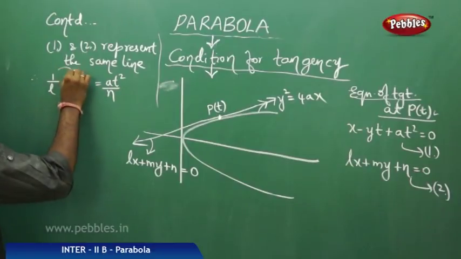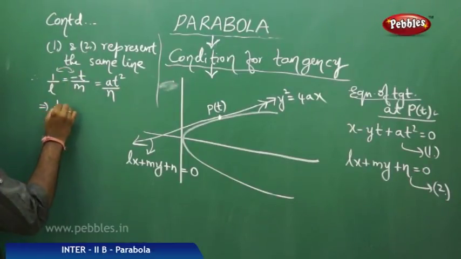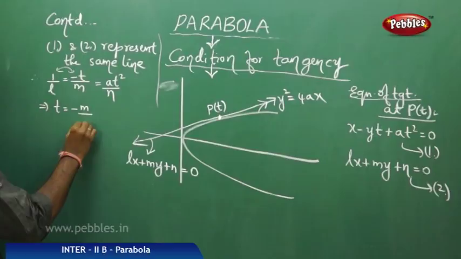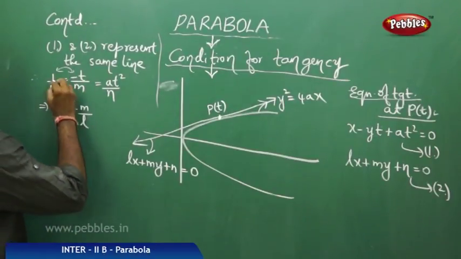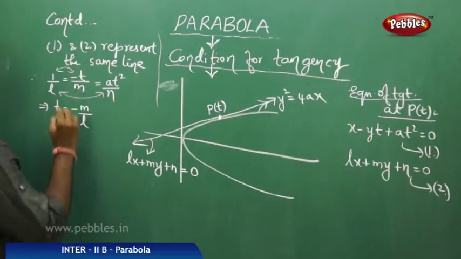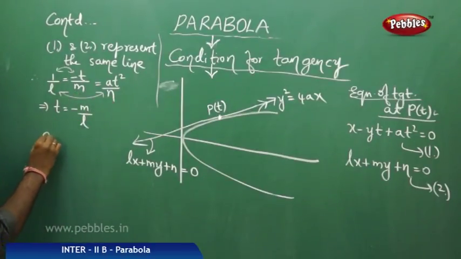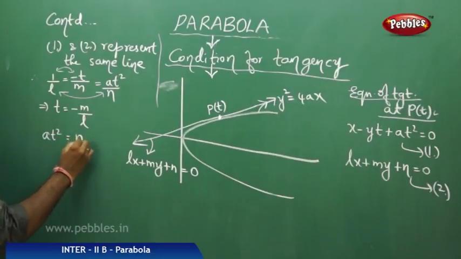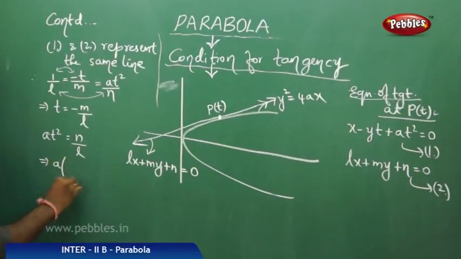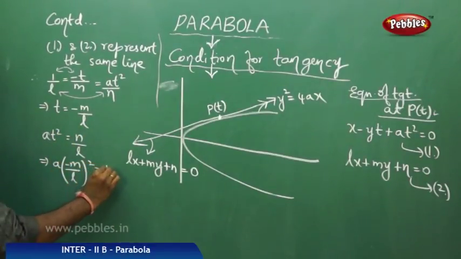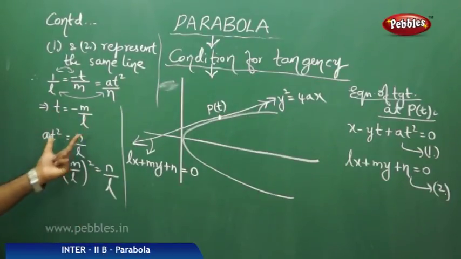So from these two I get t equals minus m by L, and from the first and last equation I get at squared is n by L, that implies a times t squared, which is minus m by L whole square, is n by L, because this is simply substituted with t equal to minus m by L in place of t squared.